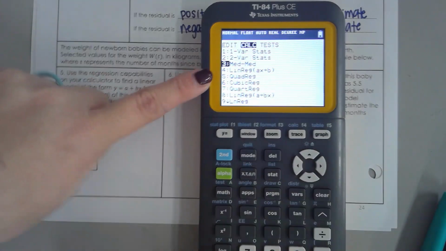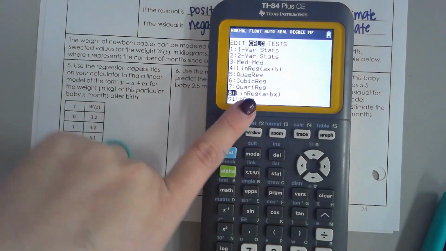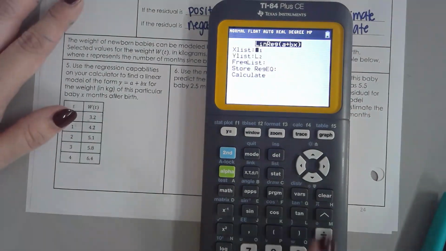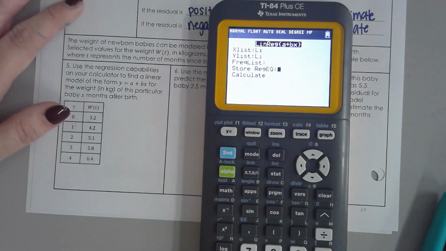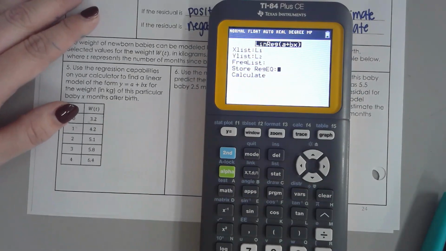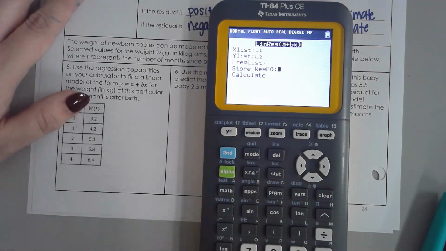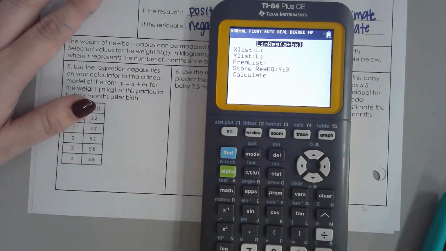There's actually 2 options for linear. I think number 8 is the one that's most commonly used. L1, L2. We want to go down to the store. We want to put that in Y1 because we're probably going to have to do some more with that equation. That way we don't have to type it in again. You may remember how to do that? Alpha trace. Good. Calculate.